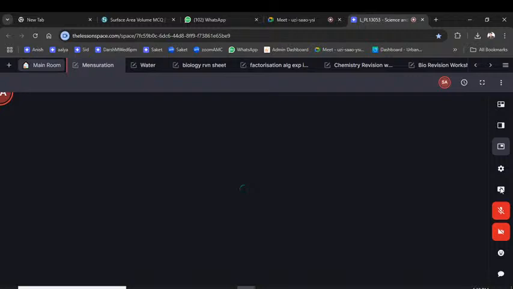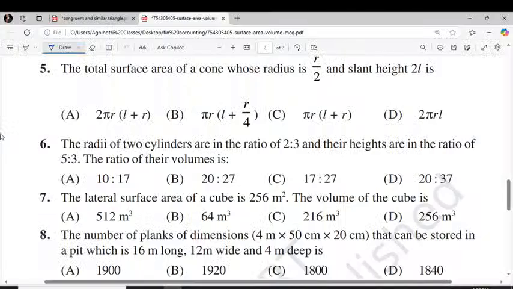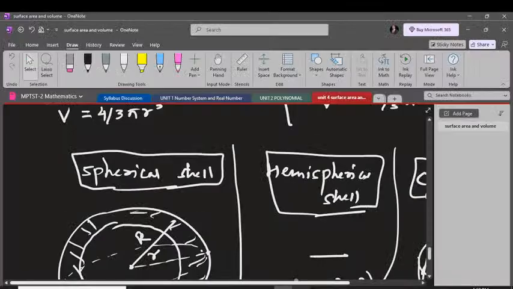Okay, I think you can see it now. The total surface area of a cone whose radius is r over 2 and slant height is 2l. These questions are basically based on the formulas that we have covered today. All these formulas that we have covered, the questions are based on these formulas.